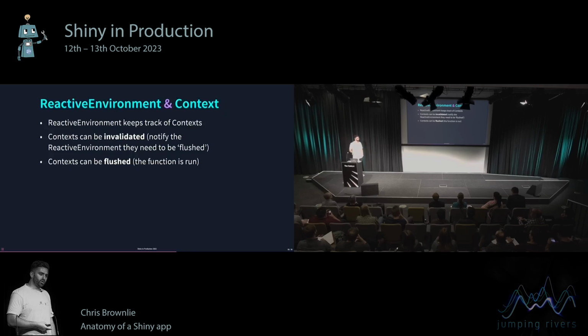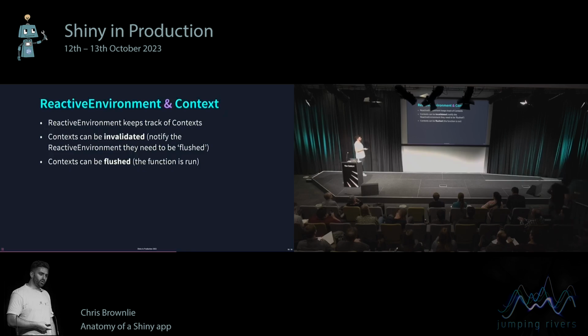The reactive elements all have a context associated with them. It's kind of just a flag, you can think of it as. So they keep track of when things need to be recalculated and what actually needs to be run to recalculate them and other things that depend on them.